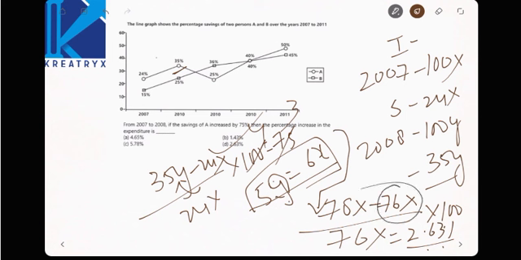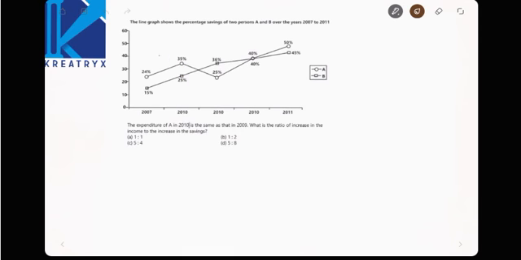Now expenditure in 2009 is, this is 2009, okay, 2009 is 65%, right? Okay, you have to substitute in the place of y 6x by 5, you will get as 78x, that will be 2.63. Next, 13th one.